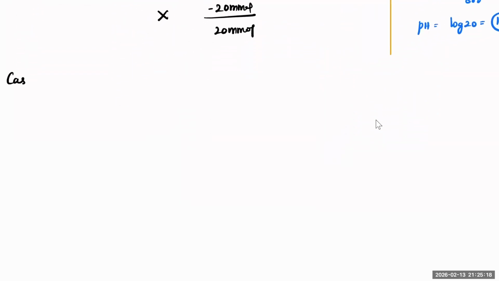Now let's get into the next case. So case 4, where you have a weak acid and a strong acid combined.